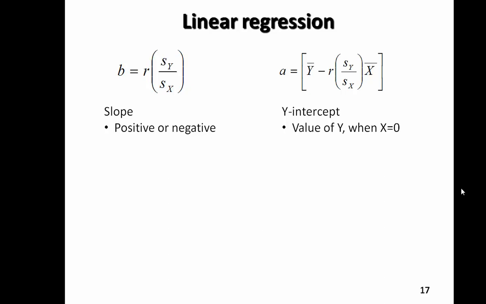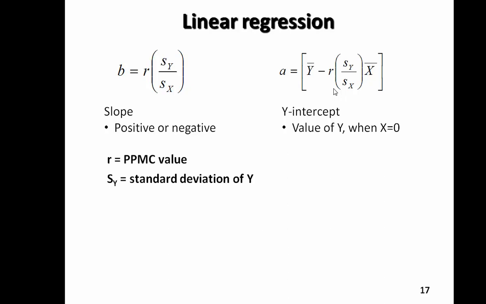And so if we take a look at the various elements in these equations, R is the Pearson product moment correlation coefficient value that we see entered into calculating the slope, and it's entered into calculating the y-intercept. And if you notice these other elements of these equations, these are all elements that were first determined from descriptive statistics.